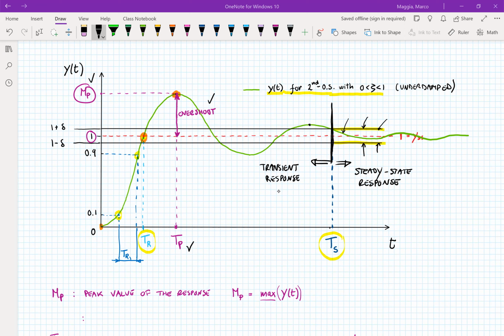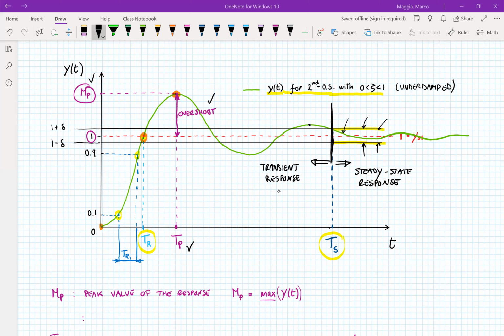Well, first of all, we have to take into account that a system can be of different orders. It can be a first order, second order, third order, fourth order, so on and so forth system, depending on its poles. And furthermore, the system can be subjected to different kinds of inputs.